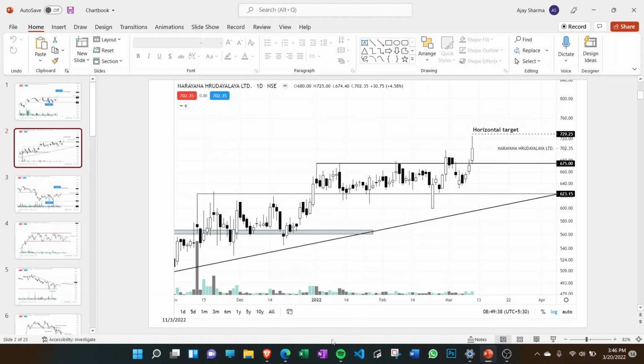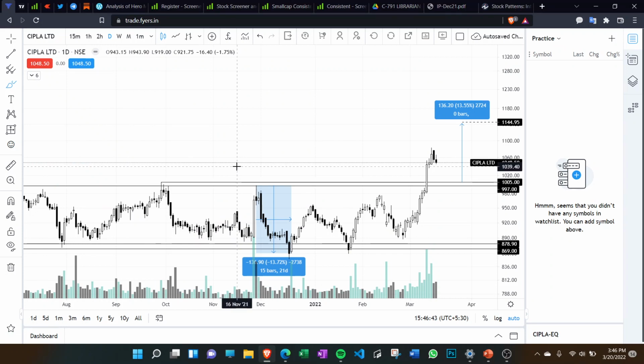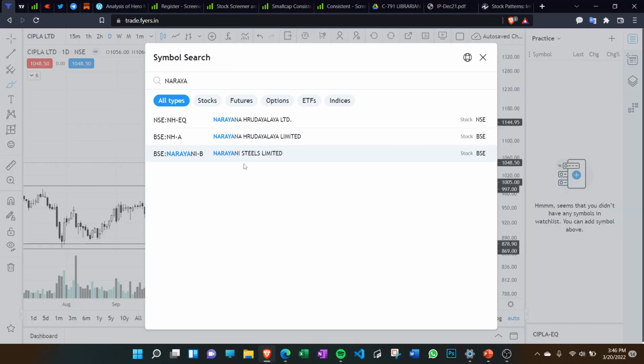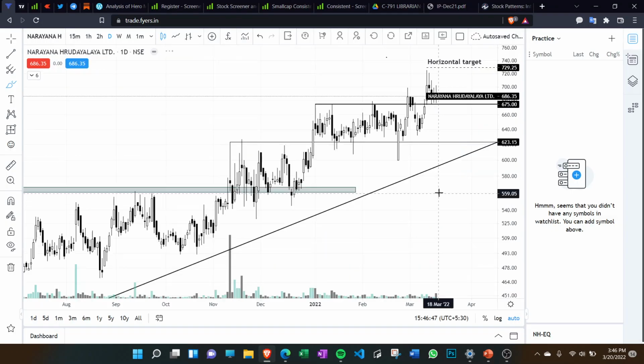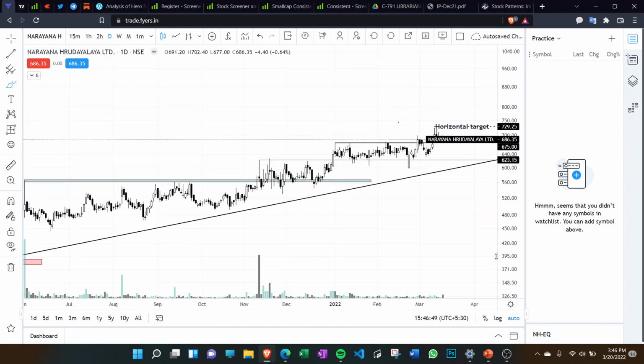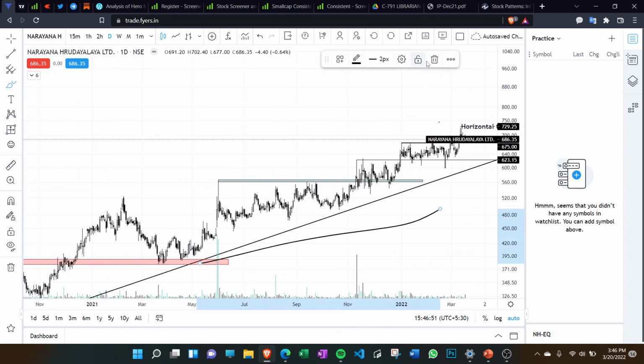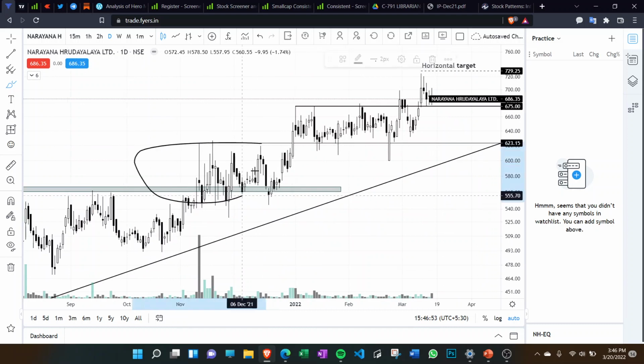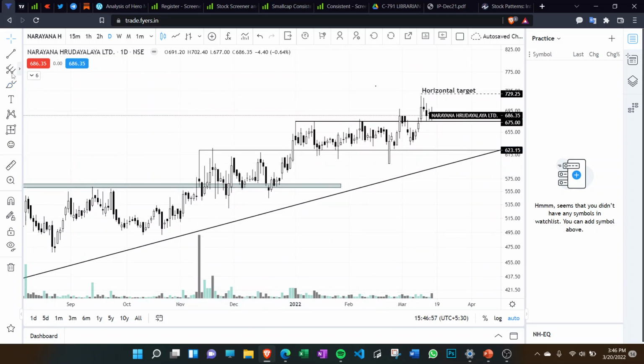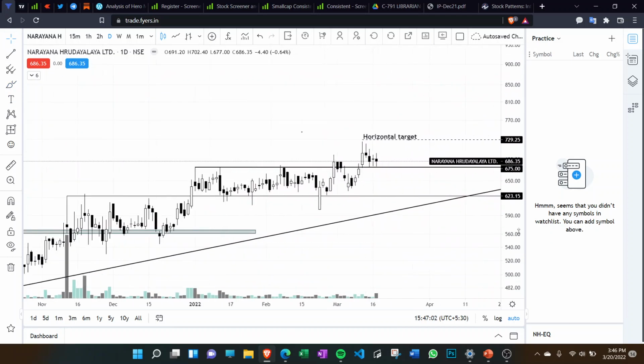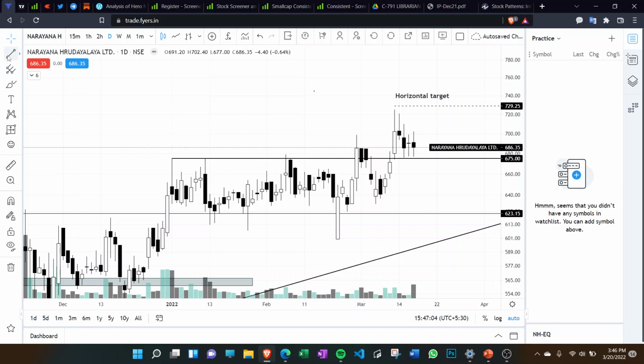This is another chart of another stock, Narayana Hridayalaya. We're going to take a look at this right now. Here also, after a very strong uptrend, the price just started consolidating. This was the first horizontal pattern, and then a breakout at this level. As you can see, a very strong breakout, and then it went again into consolidation since January 1st.